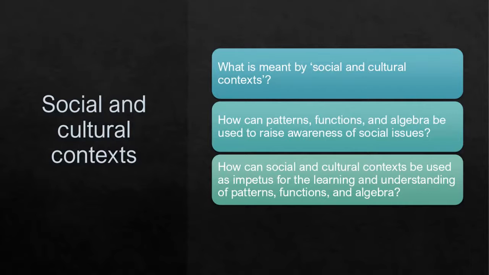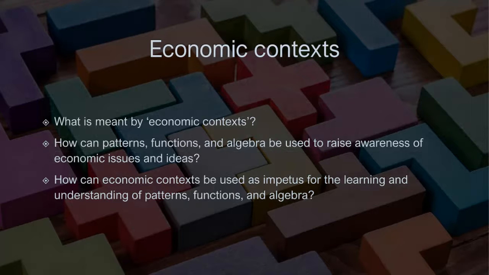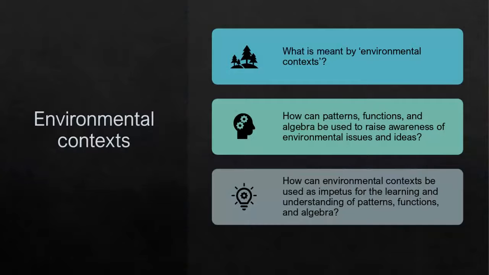So now for our 3 contexts. I'm going to quickly divide you into groups, and you are just going to discuss what you understand by social and cultural contexts, then what is meant by economic contexts, and then what is meant by environmental contexts.